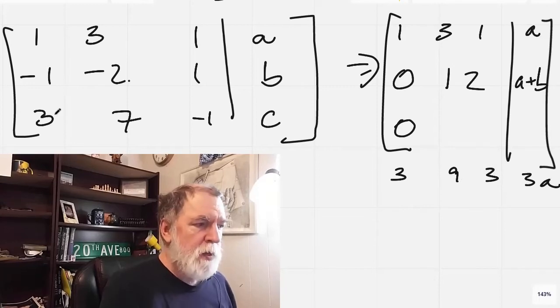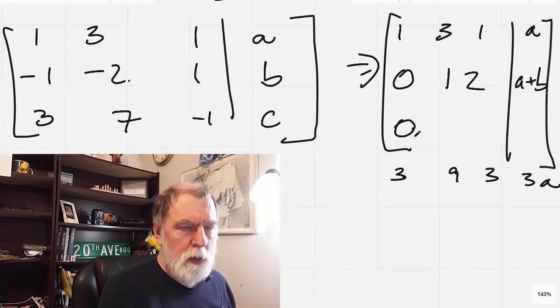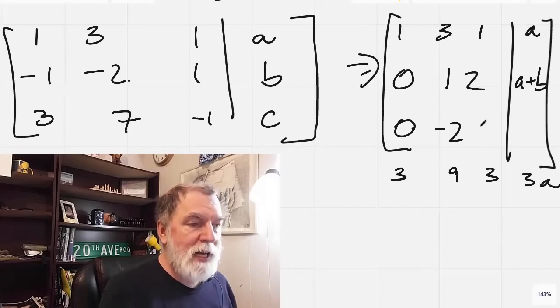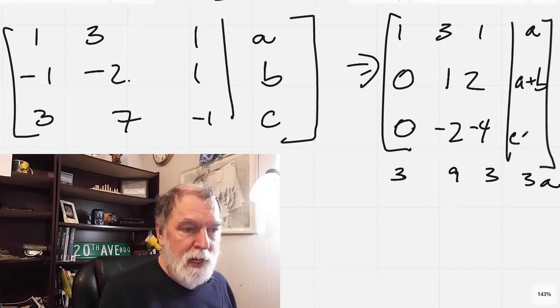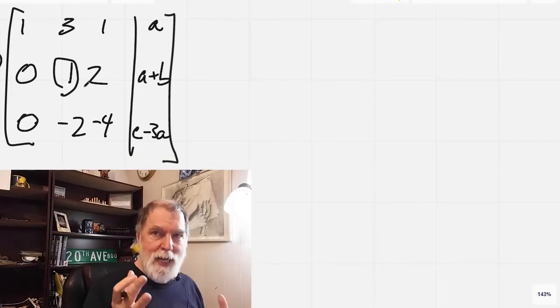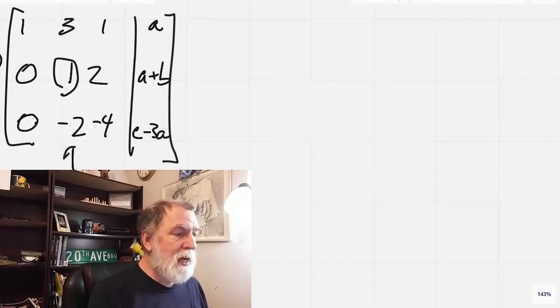So 3 minus 3 is 0. 7 minus 9, negative 2. Negative 1 minus 3, negative 4. c minus 3a. We just write that as c minus 3a. We already have a leading one here. Yay! This needs to become a 0 down here.